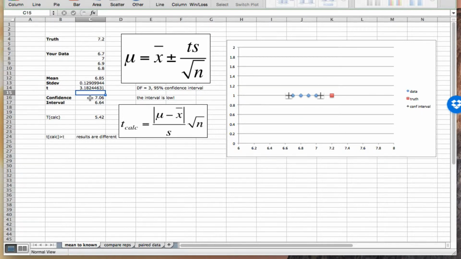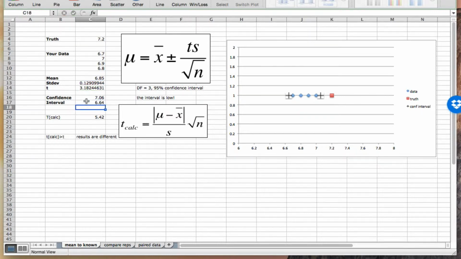I can now plug in the mean plus, so this is x bar plus the t statistic times the standard deviation divided by the square root of n. And I can do x bar minus the t statistic times s divided by the square root of n.